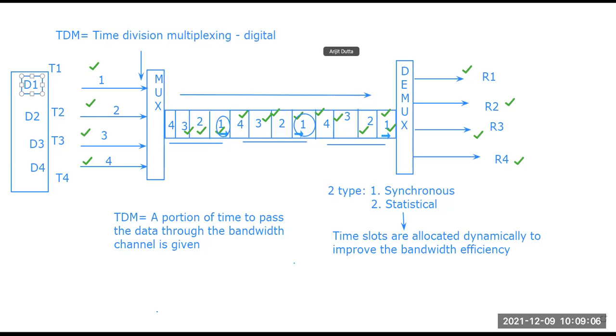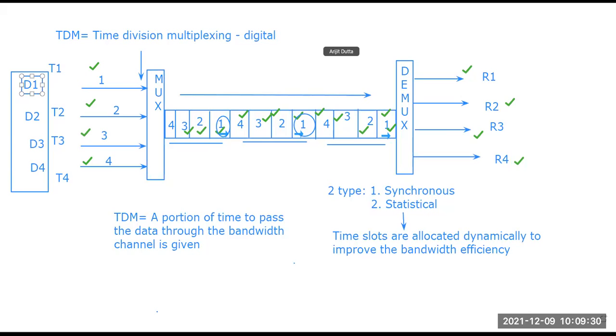So the usage of the bandwidth is much higher in statistical TDM, which has a dynamic time allocation function. So it is much better than synchronous TDM, right? This is the basic difference between synchronous TDM and statistical TDM.